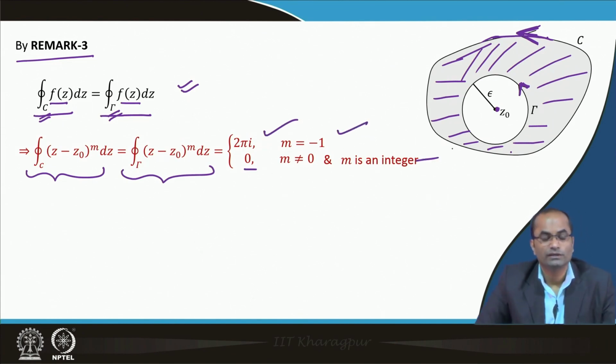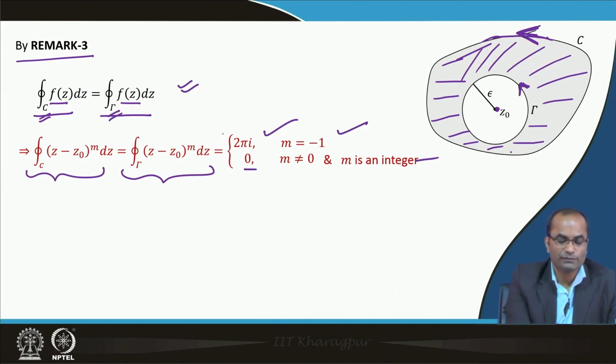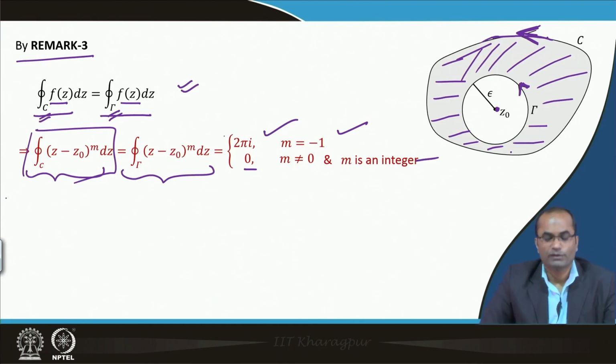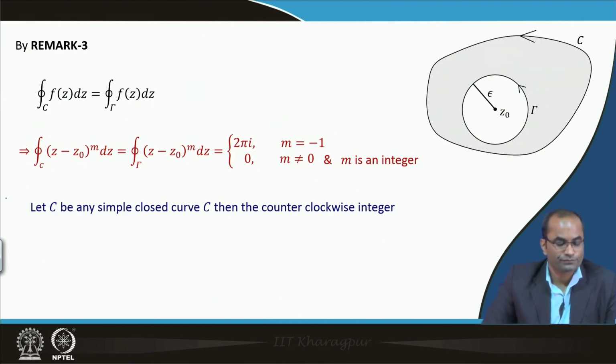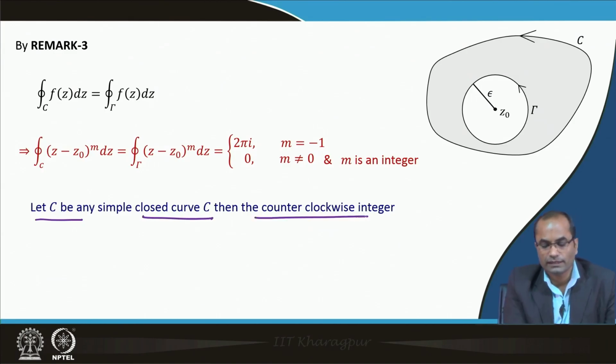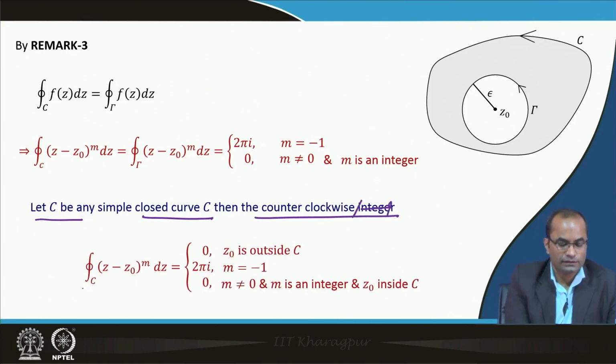So, we got the same result for any curve, not just for a circle. If C is any simple closed curve, in the counterclockwise direction, what we will get is this result.